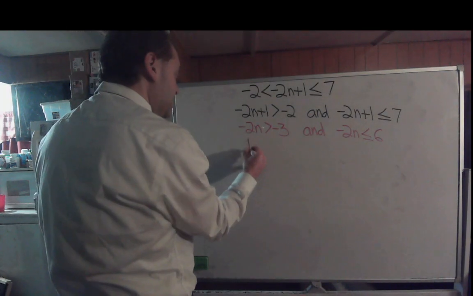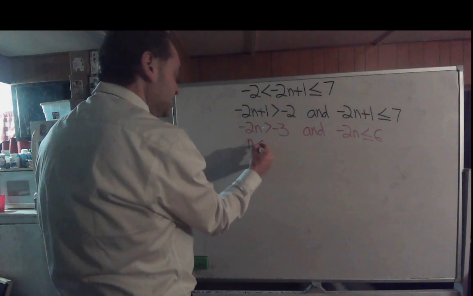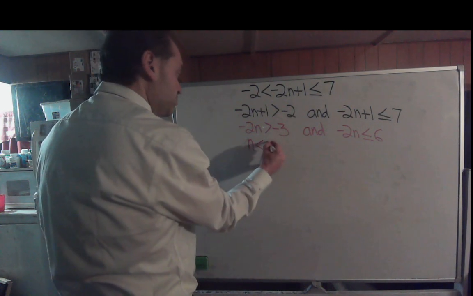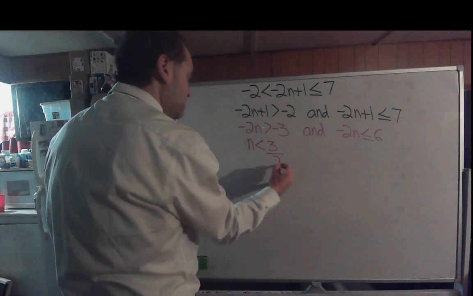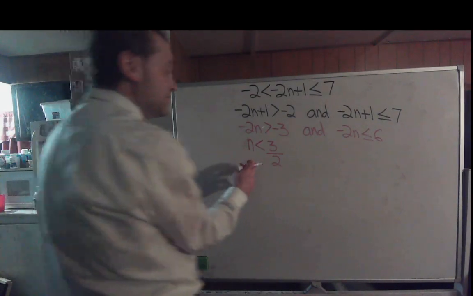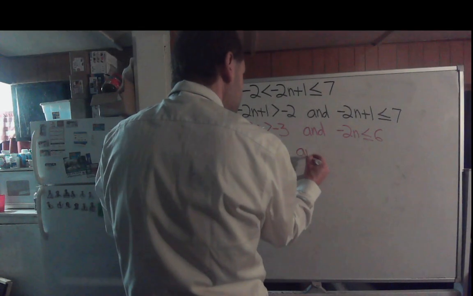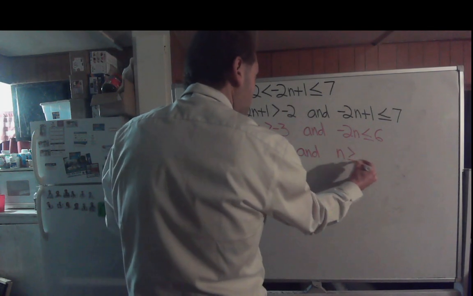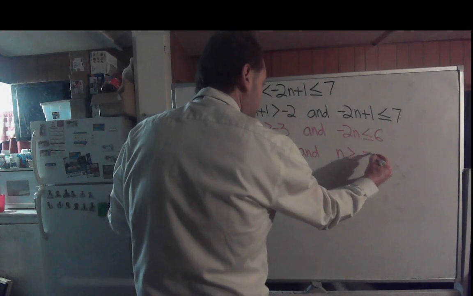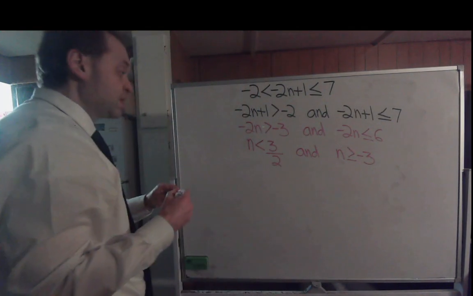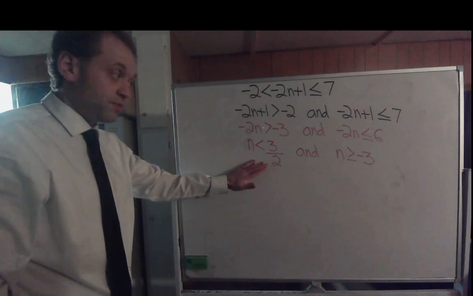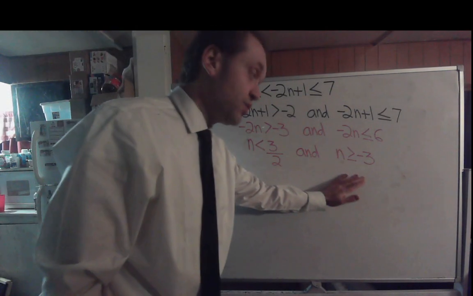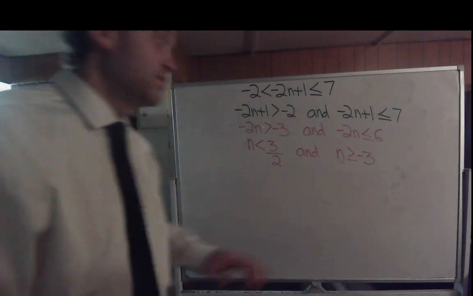You would end up getting that n, this would flip the sign, is less than positive 3 halves. So n is less than 3 halves, and n would be greater than or equal to negative 3. So n is less than 3 halves, and n is greater than or equal to negative 3.